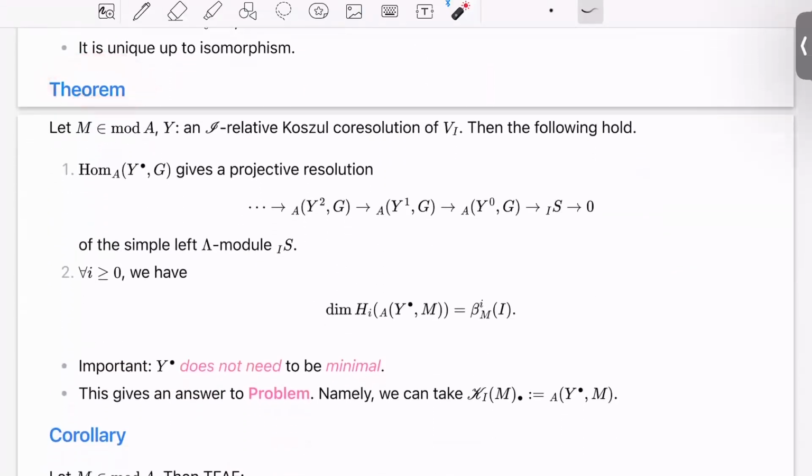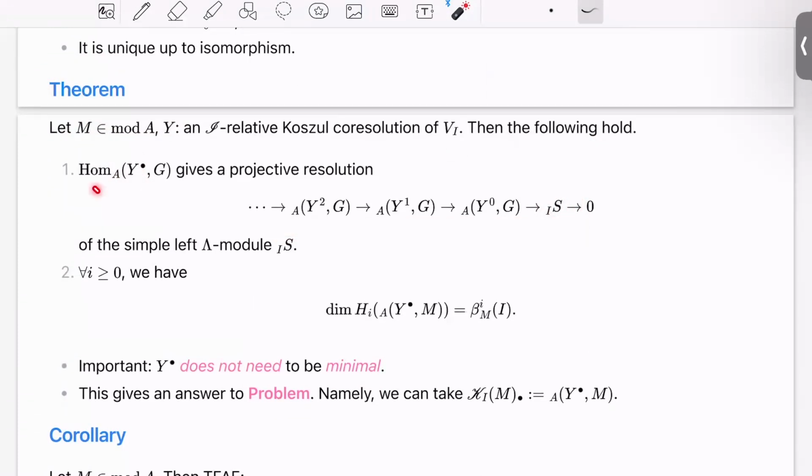Now let M be an A module and Y a Cauchy co-resolution, then the following hold. Now the G dual of Y gives a projective resolution of the simple left Lambda module S_I. This is important.